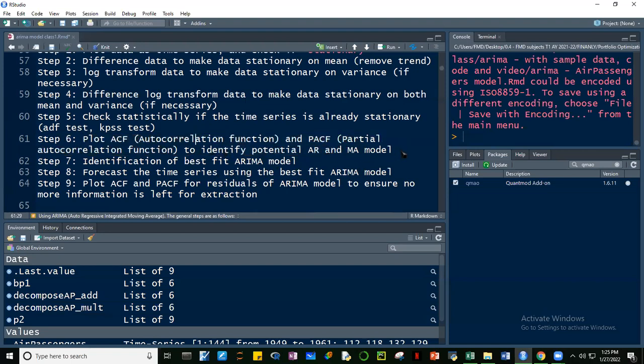Ito yung ginagawa namin. So, manually, ang hirap mag-plot nito. Ipa-plot mo yung ACF at saka PACF. It's so hard to plot that. Tapos aalamin mo pa, trial and error, ano kaya to? AR model kaya to o MA model kaya to? Okay. Saka natin ma-identify yung best fit na ARIMA model.